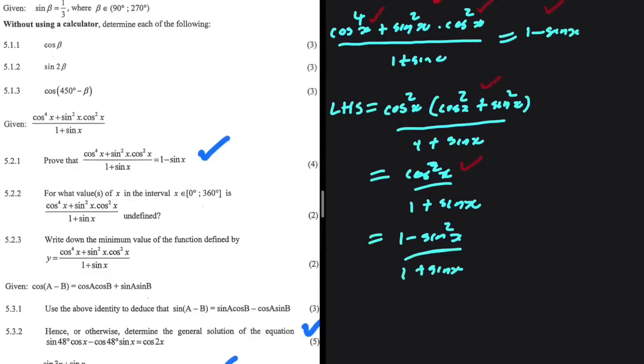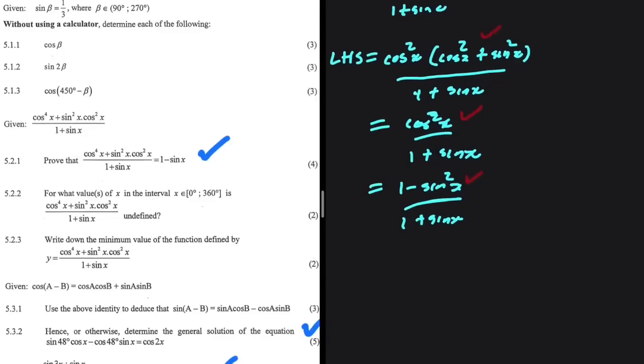1 minus sine squared x is a difference of 2 squares. So we can expand this and get 1 minus sine of x multiplied by 1 plus sine of x, everything divided by 1 plus sine of x.